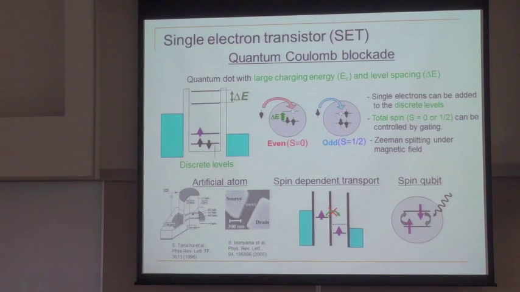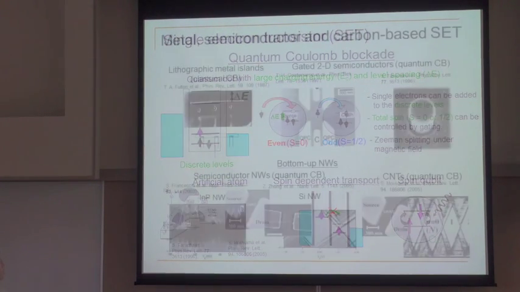This quantum blockade is well studied in the field of fundamental physics, such as artificial atom, spin-dependent transport, spin qubit, and so on.